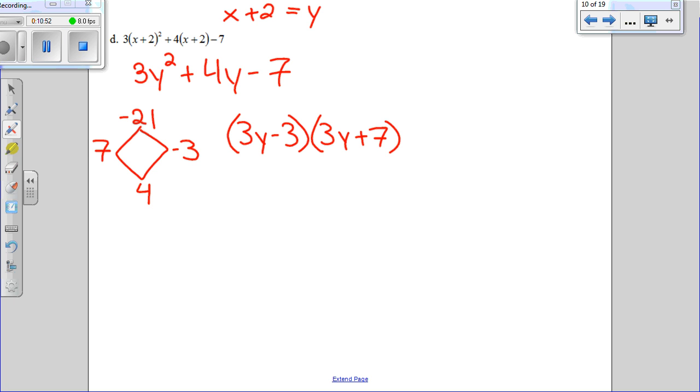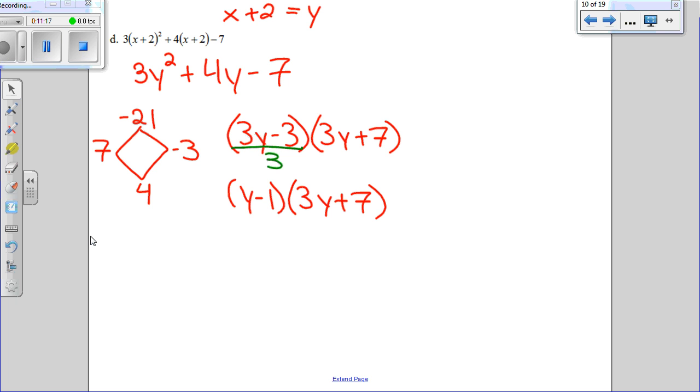You can't have 3y in both binomials, so you've got to get rid of one of them. Get rid of the one that can divide by 3. That one can divide by 3. So I now have y minus 1, 3y plus 7. And that's good, and it would be about half a mark on a written test.